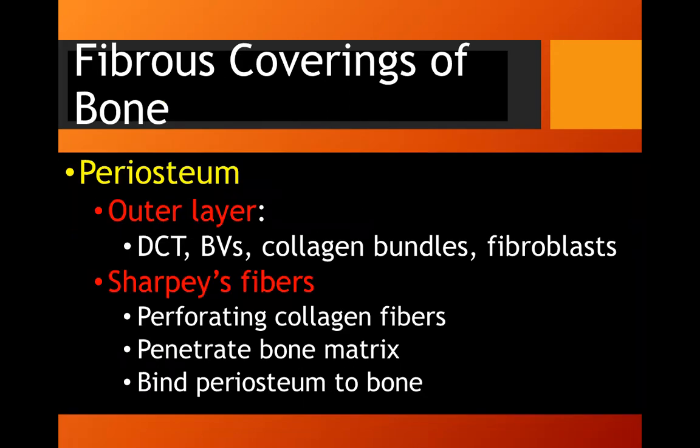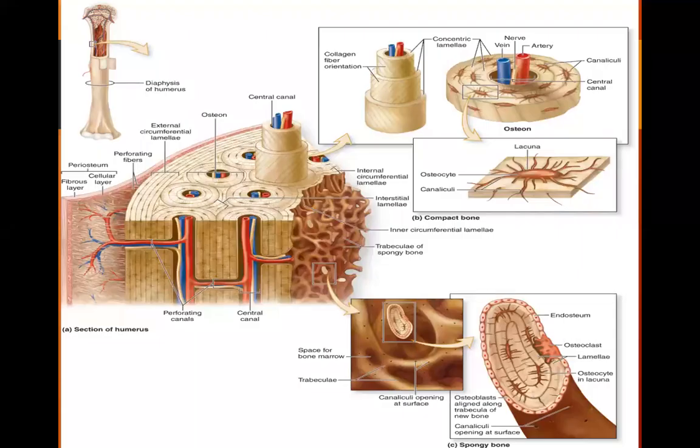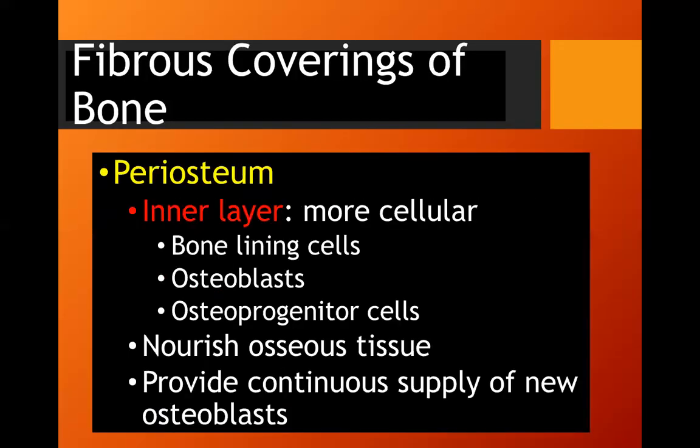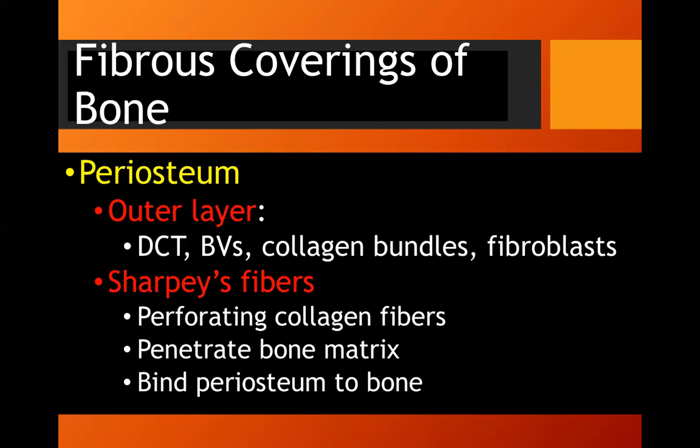Okay, let's move on. After the organic and inorganic components of the bone, let's go to the fibrous coverings of the bone. We have three: the periosteum and the endosteum. The periosteum has an outer and inner layer. The outer layer is composed of dense connective tissue, some blood vessels, collagen bundles, and fibroblasts.